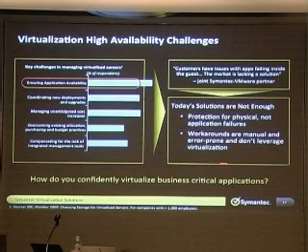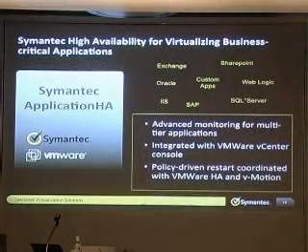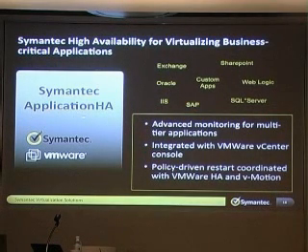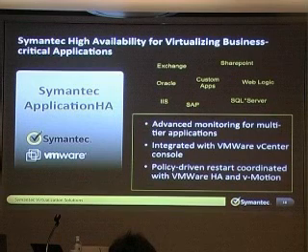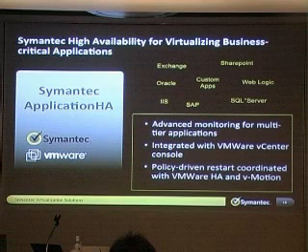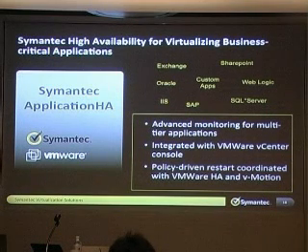So the solution is not enough, and that's why we collaborated with VMware to create a solution called Application HA. Application HA is an engineering collaboration between us and VMware. It took us about 1.5 years. What we do is actually very simple. We take the technology from our Veritas Cluster Server, all the agent technologies that help us detect application status in the server, and we port them over to VMware HA.